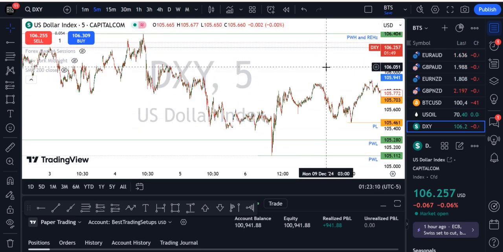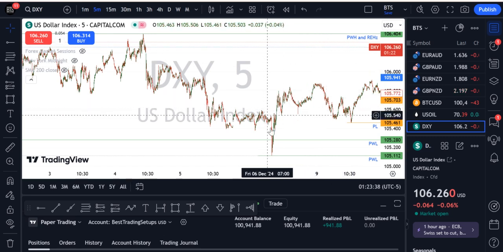Also in ICT concept, we have what we call internal to external range liquidity, where price moves to target external range liquidity, then comes in to sweep internal range liquidity for external range liquidity. Or external range liquidity to internal range imbalance, then we go for an external range liquidity.